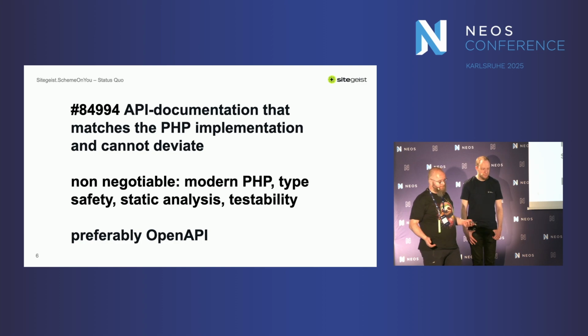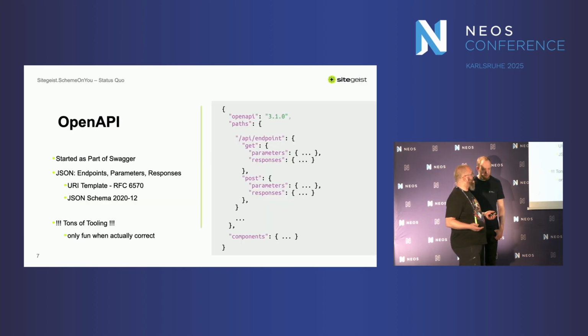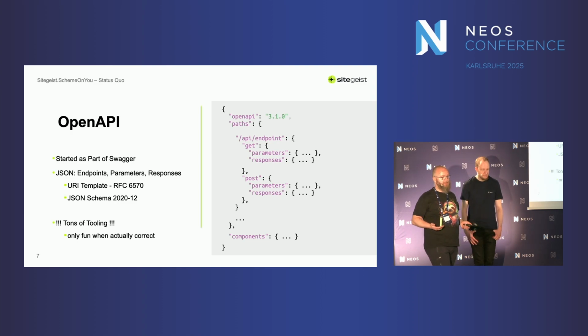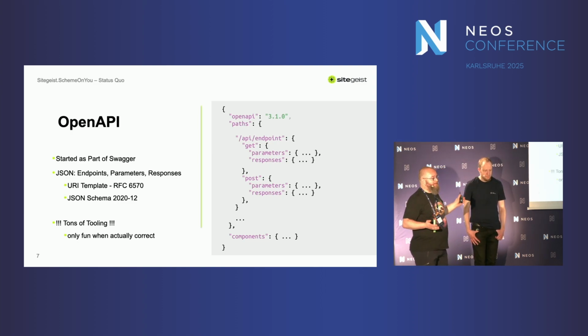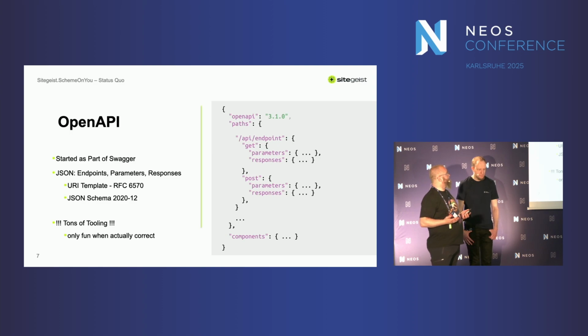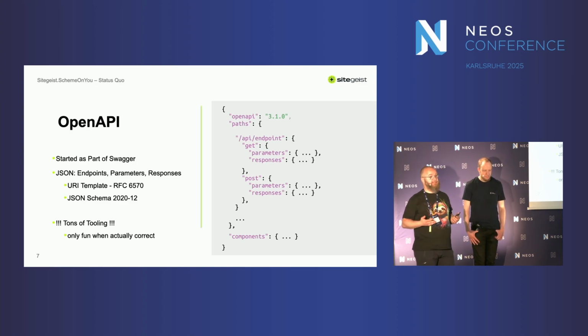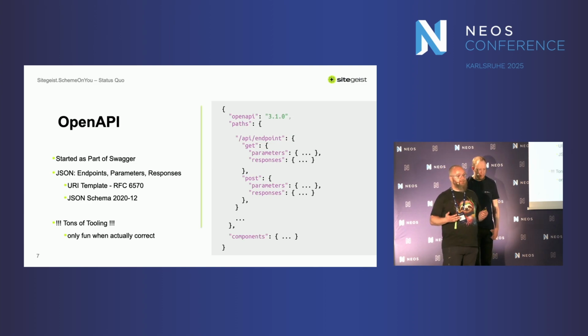And with that, we started, and just a small recap, I think most of you have already seen an OpenAPI. An OpenAPI specification is a JSON document. The OpenAPI standard started as part of Swagger and is a JSON that allows you to specify all the things you have to know about an API.